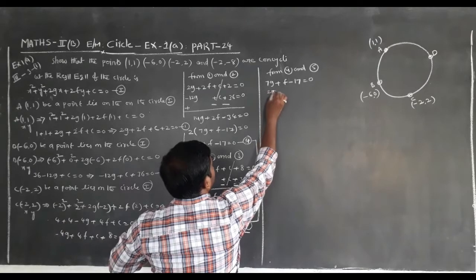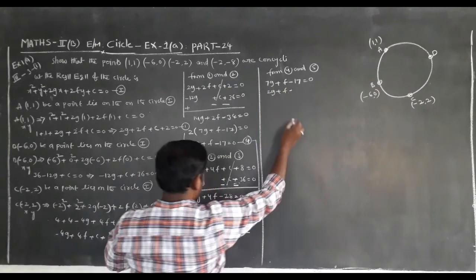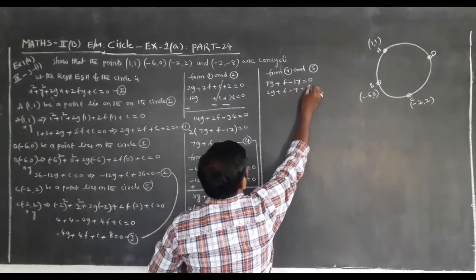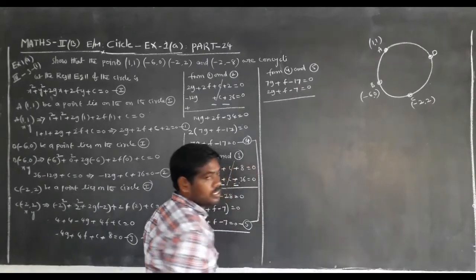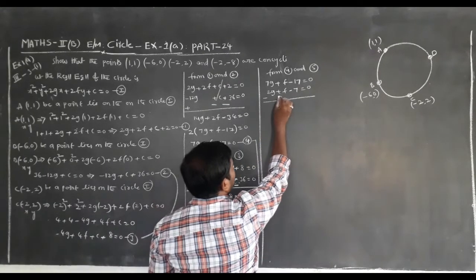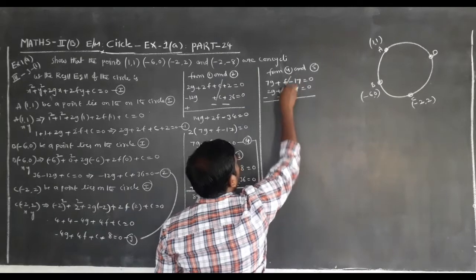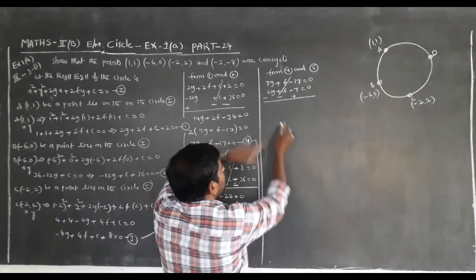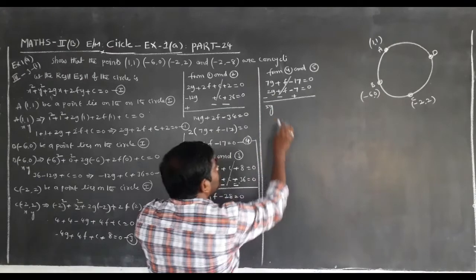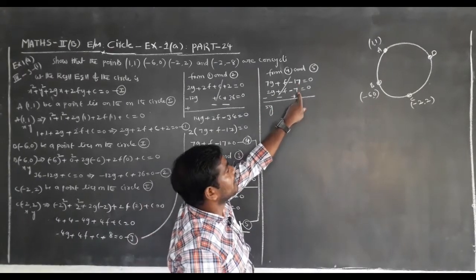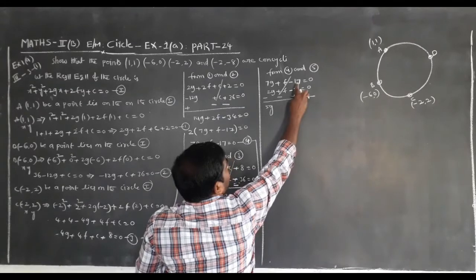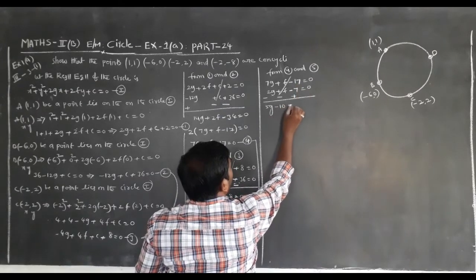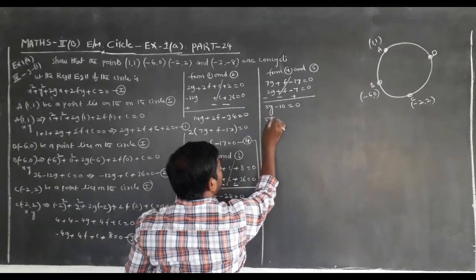Fifth one is 2g plus f minus 7 is equal to 0. Subtracting: minus, minus, plus. Plus f minus f get cancelled. 7g minus 2g is 5g, minus 17 plus 7, minus 10 is equal to 0.